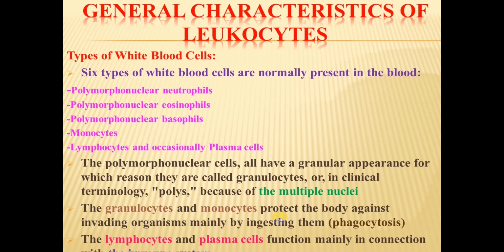In clinical terminology they are called polymorphonuclear cells, with multiple nuclei, more than one nucleus in these cells, or a nucleus with loops. For this reason, it appears as more than one nucleus. بالحقيقة هي nucleus لكن تكون حاوية على loops, lobulated nucleus. وأحيانا these loops تكون separated, أحيانا تكون connected.